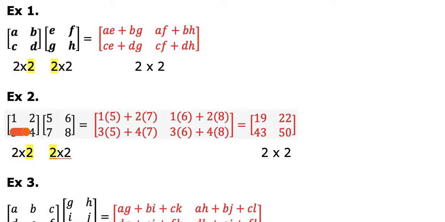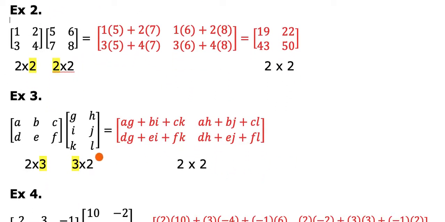We're into the second row of the first matrix now, times the first column. 3 times 5 plus 4 times 7. And then second row times the second column. So that will be 3 times 6 plus 4 times 8, which is 50.